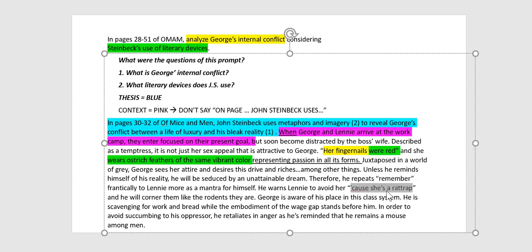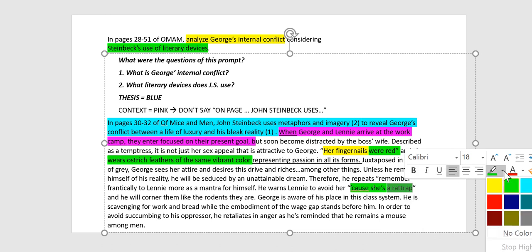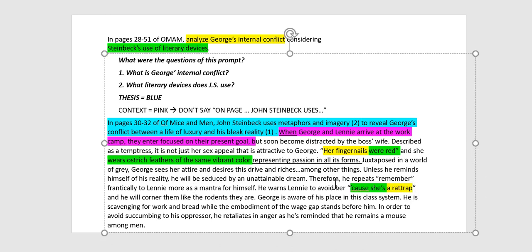We set that up in our thesis. So again, this is involved in the conflict and proving that there's a metaphor. So let's see, green, and I'll specifically put this in yellow because she's being compared to a rat trap, since that's a metaphor. Notice that we're proving with just these small quotes evidence for both pieces of the thesis.